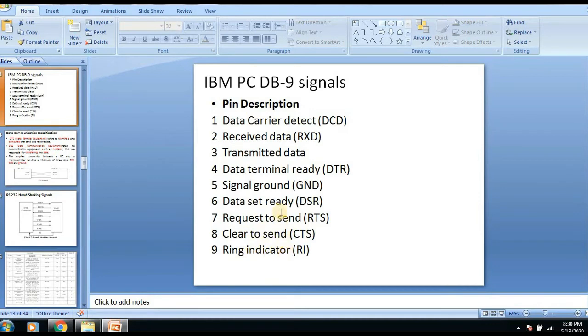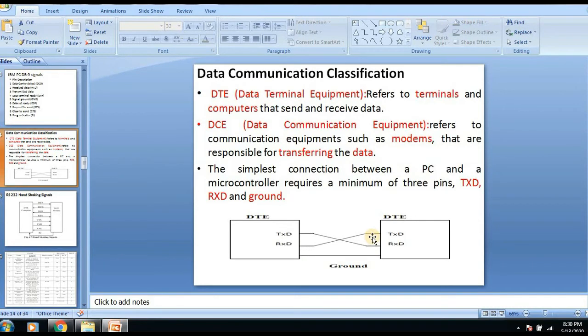Further on we'll see the significance of all these signals. Before that, first we'll see what is meant by DTE and DCE, because except for these, the rest of the signals are handshake signals.